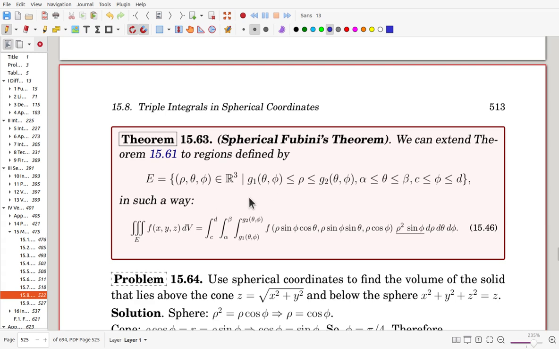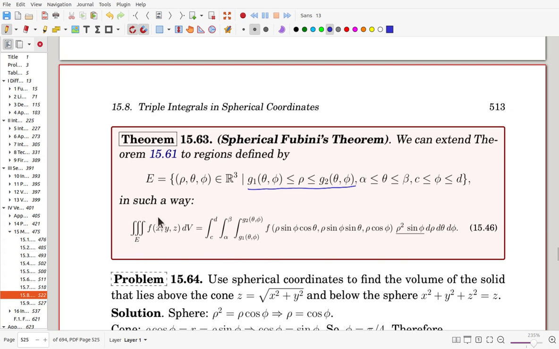Now here rho, which is basically the innermost integral, has bottom and top that are functions of theta and phi. And for theta and phi, these are just a rectangle in a sense.